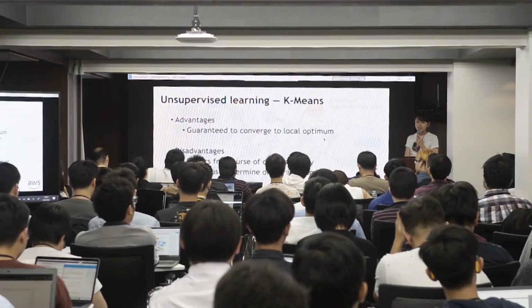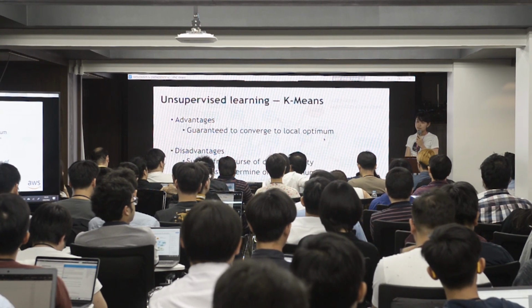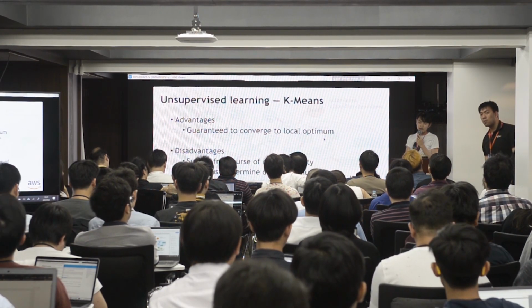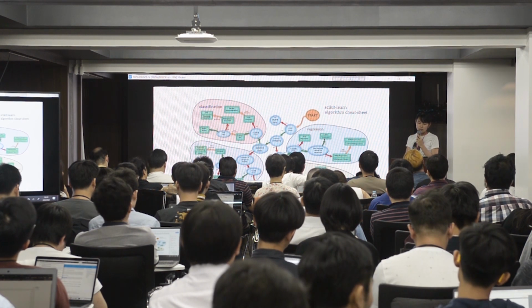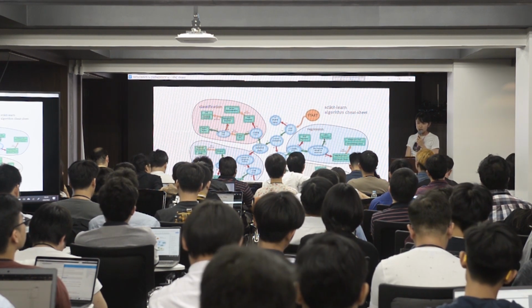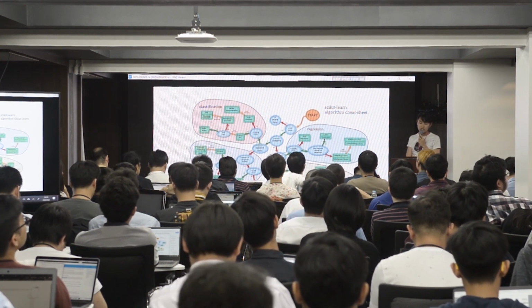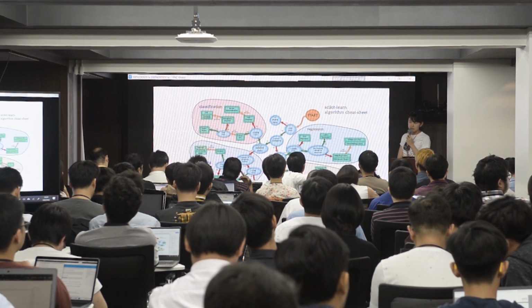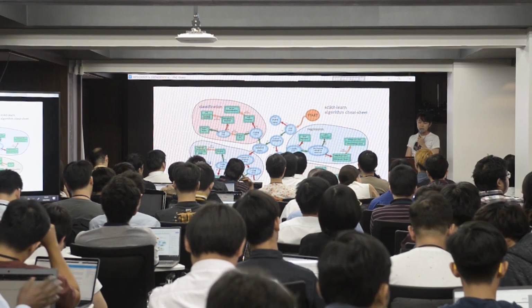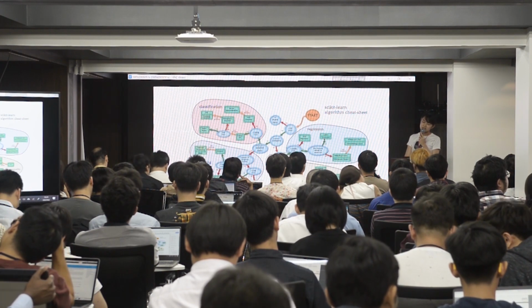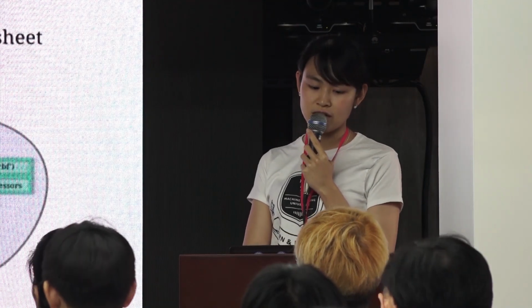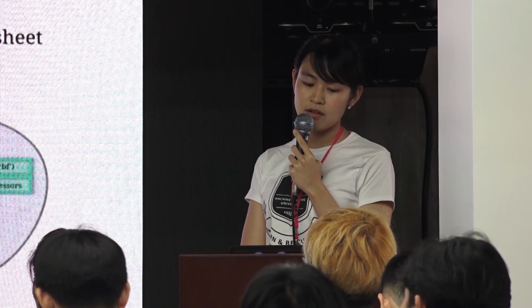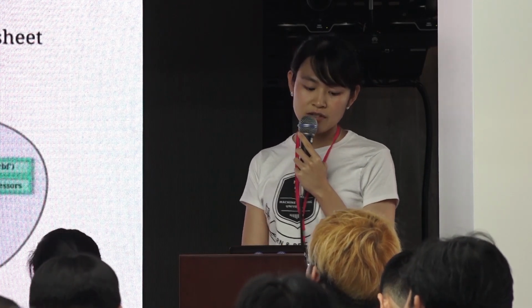Any other questions? Okay, so this is a pretty useful picture. It's generated by scikit-learn, which is a famous machine learning package that people use. It summarizes all the different algorithms.